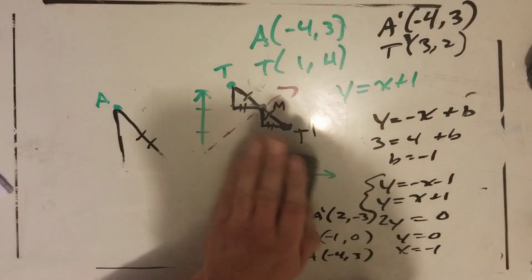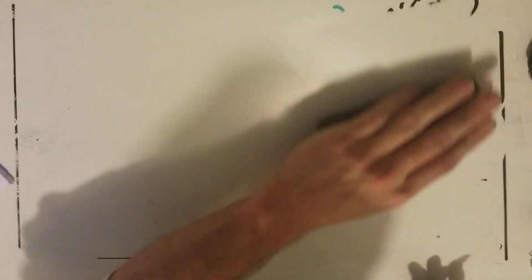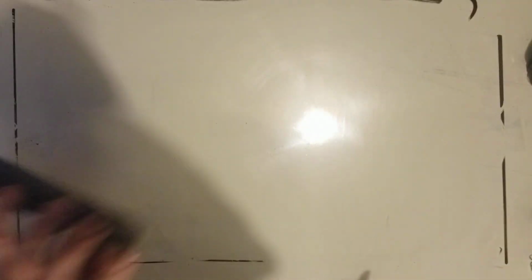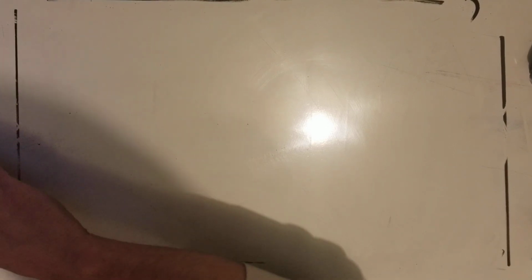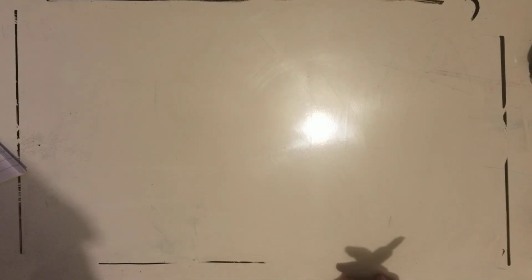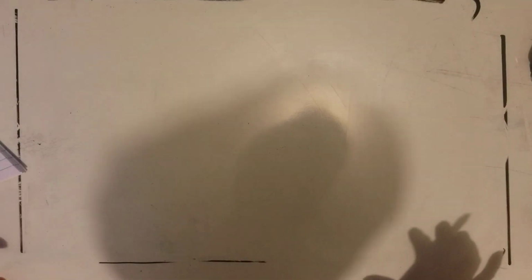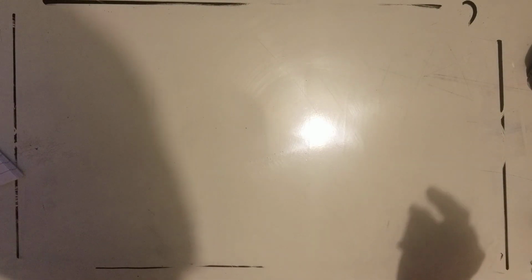Alright, our last one on the slides is to reflect over a couple of lines. I'm going to let you try that one on your own. If you have questions about that, I can show you the work for it. But to save you a little bit of time, I'll give you your final answer, and then you can see if you get it right. If you don't, we can always talk about it in the future.